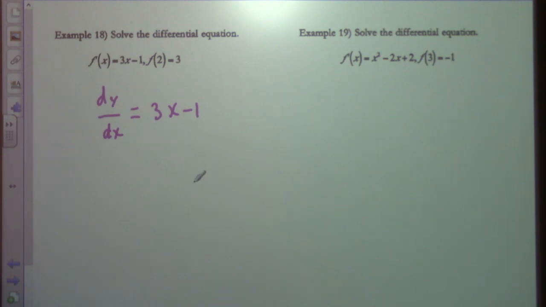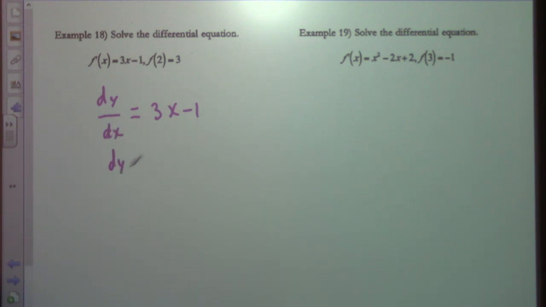And so what's the next step? Anybody remember what that is? We did one like this before. Okay, let's go ahead and cross multiply.